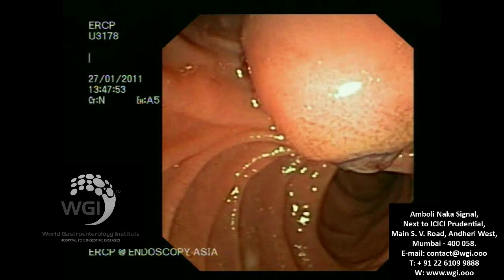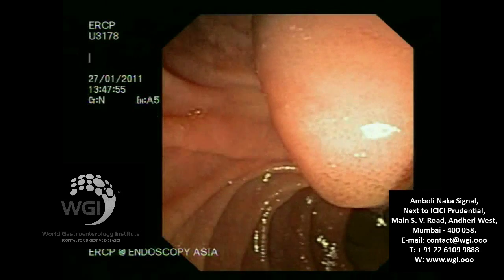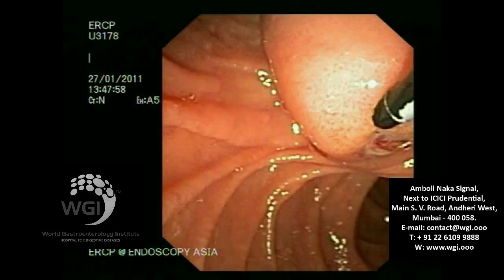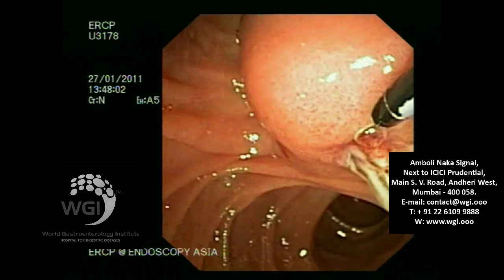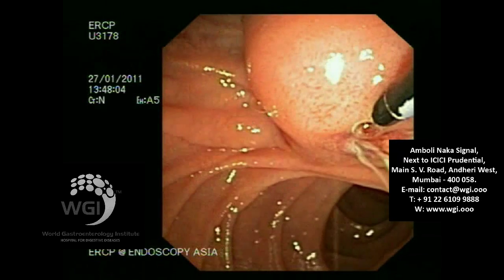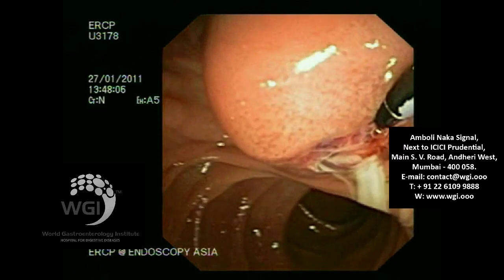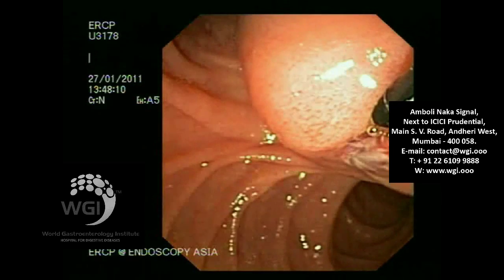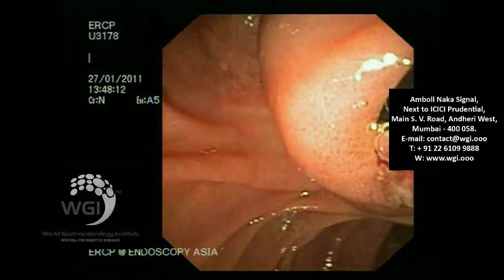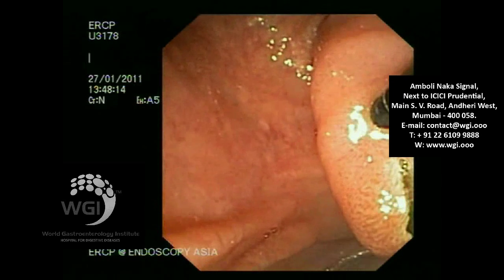So something like that we have to do. We engage the needle at the level of the ampullary orifice, and you can see some pus coming out. So now we're going to make a zipper incision, because with a very big bulging ampulla, we know the intraduodenal portion of the bile duct is bulging, so we can make a zipper cut up to the upper end.